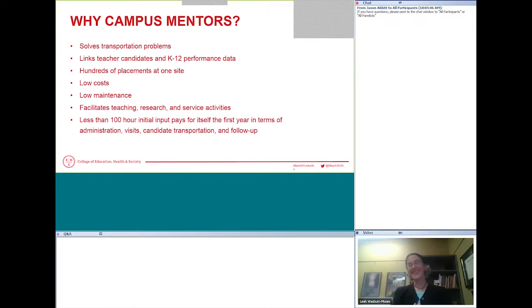I tried really hard to put the hours, you'll see later, in a calendar in terms of what is the input. So it does pay for itself, in terms of all of these things that you see, especially, as I said, compared to a really tight, involved partnership. All of you know the amount of work and effort it takes to initiate and keep up with a really strong partnership.